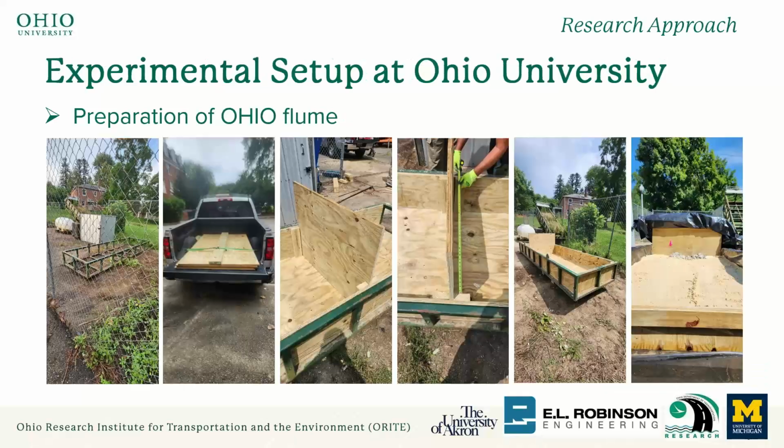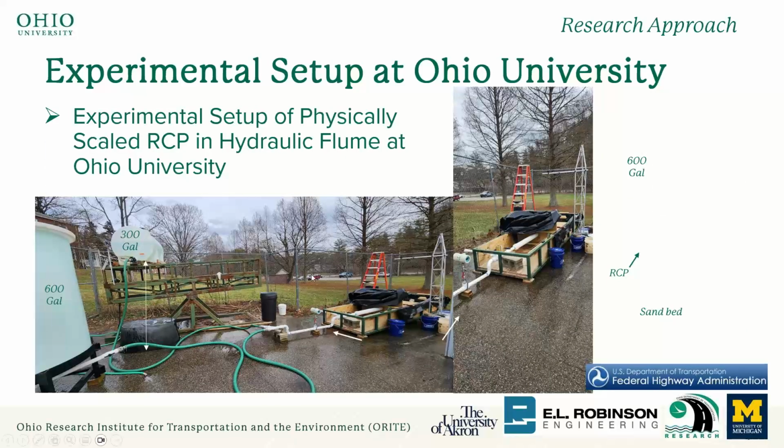On the OU side, we literally needed to build a flume, but this frame is actually from a previous ODOT project. So we used the materials, built a wooden flume, and put sand in to mimic stream bank materials. So this is our setup.